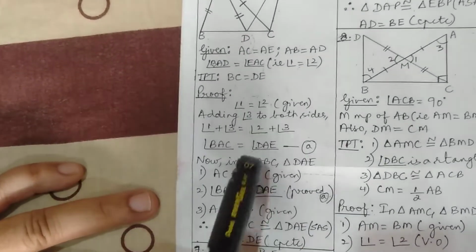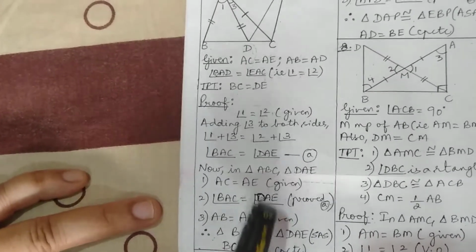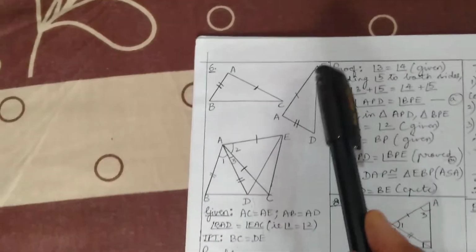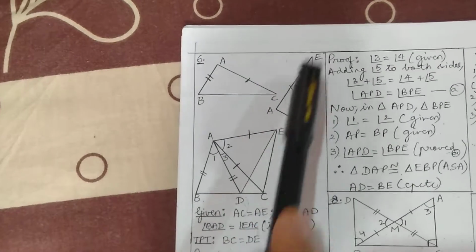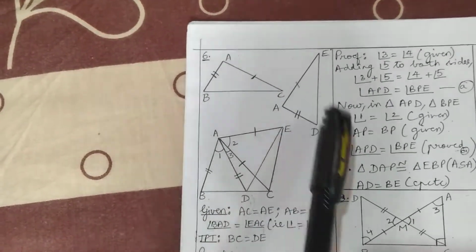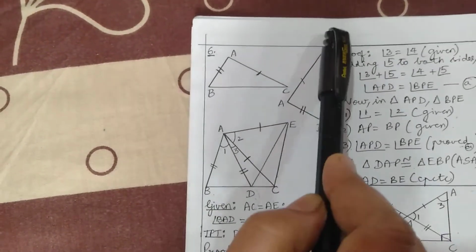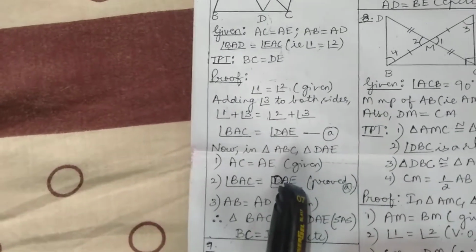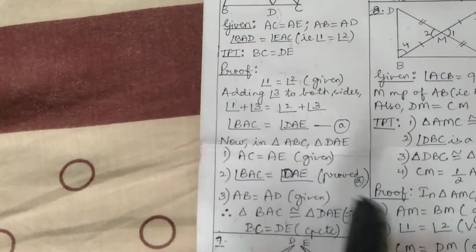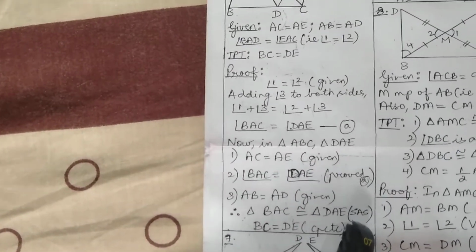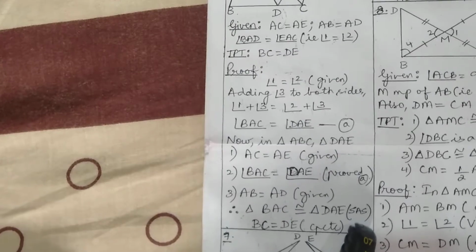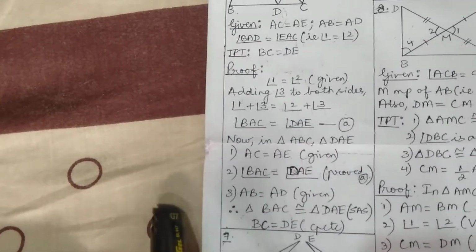Is it contained by the sides AE and AD? Yes, angle DAE is this angle. This angle is contained by the sides DA and AE. Alright. So these two are the included angles in the two triangles. So that makes SAS. By the SAS congruence criterion, the two triangles are congruent to each other.